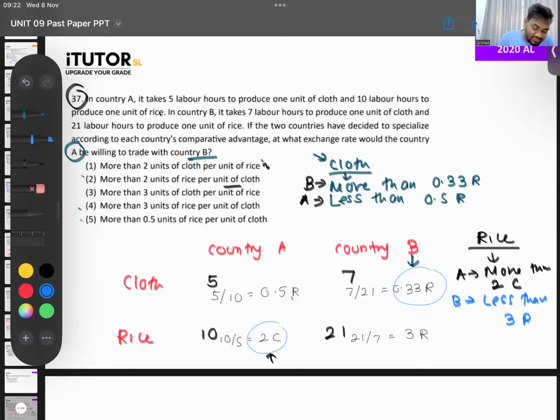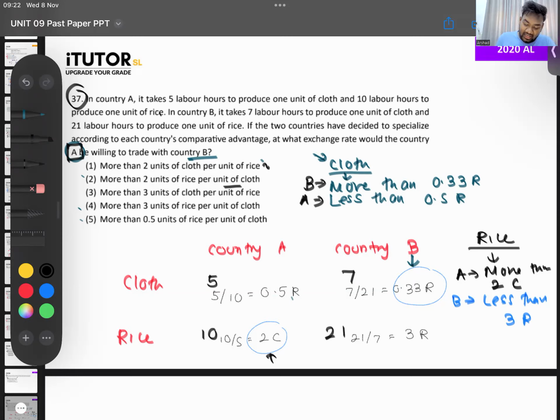Now see, in this question, they are asking at what exchange rate would country A be willing to trade? So country A, either they want, read very carefully, more than 2 units of cloth per unit of rice.